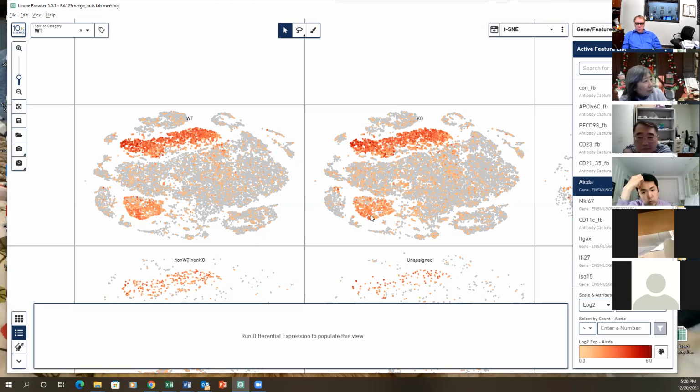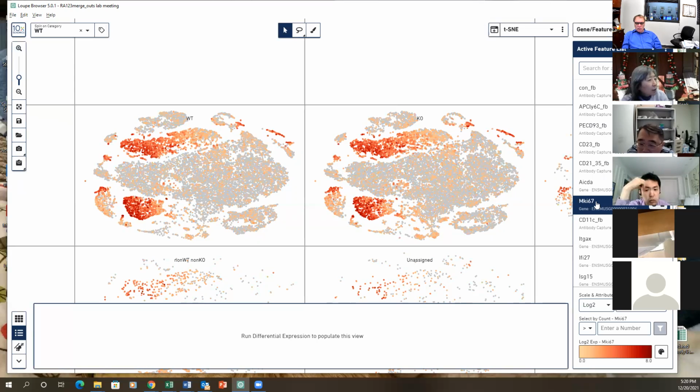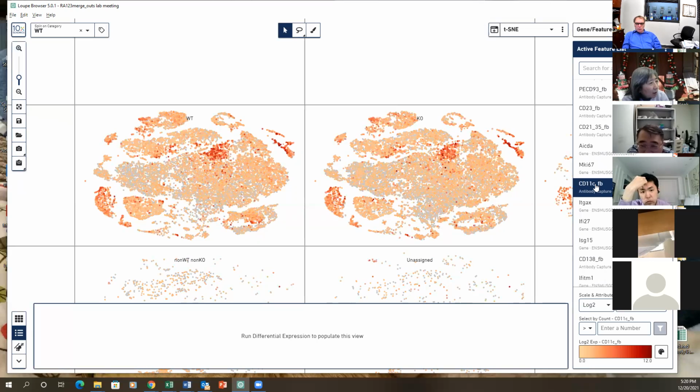Keep going. KI67, it's so similar. CD11C, it's similar too. So that's the DN. Actually, interestingly, it flipped over. It's up on top now.